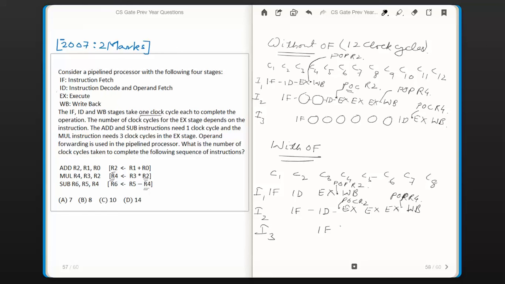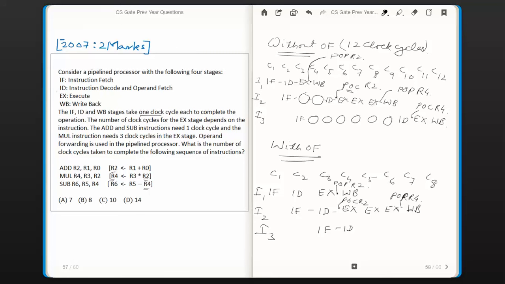With a similar argument we can schedule the instruction decode and operand fetch in C4, because wherever we schedule this operand fetch, the execute stage is not going to use the output of this stage for getting the value of R4.